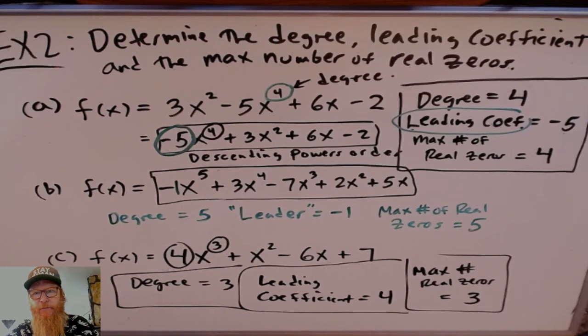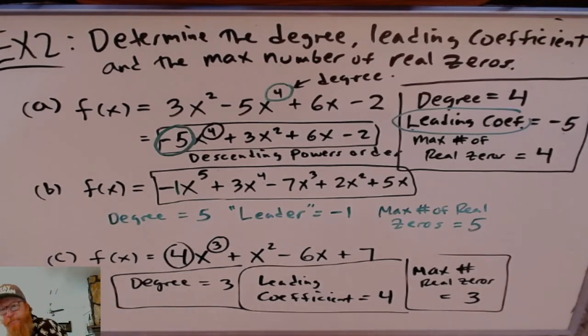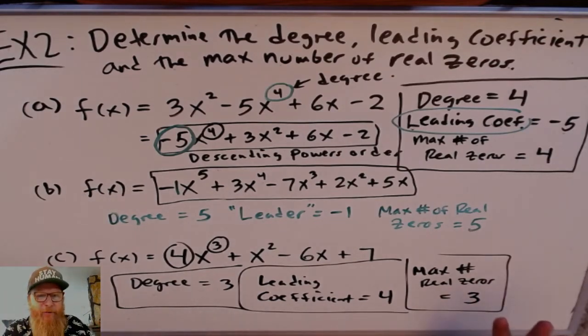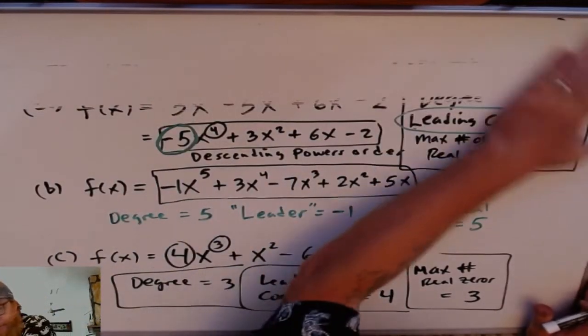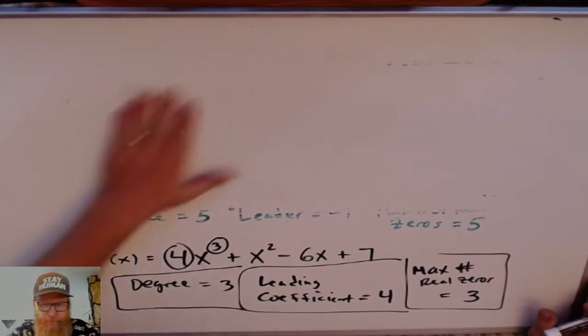Degree, leading coefficient, maximum number of real zeros. So what is the difference between a 0 and an x-intercept? It's just a tiny little bit.